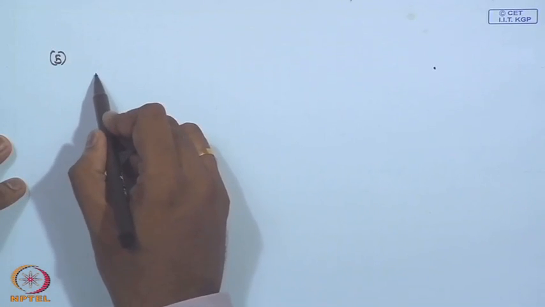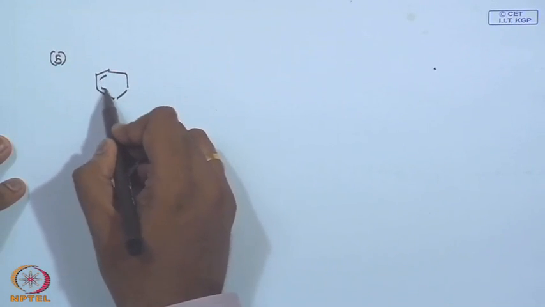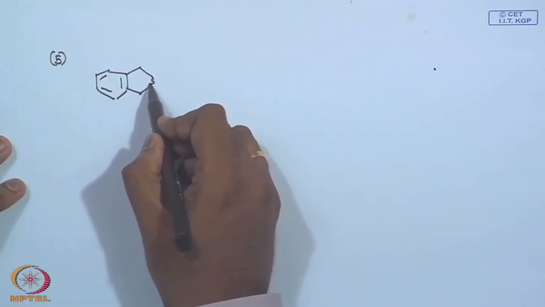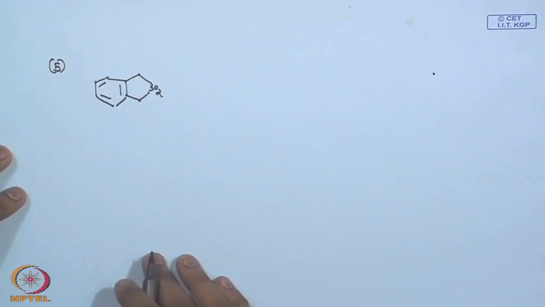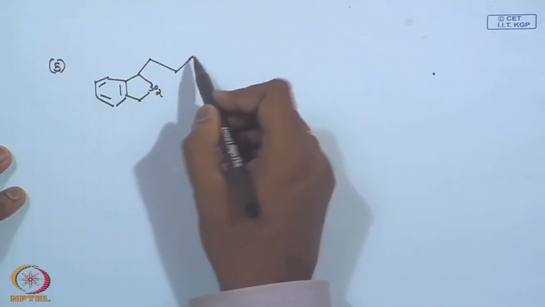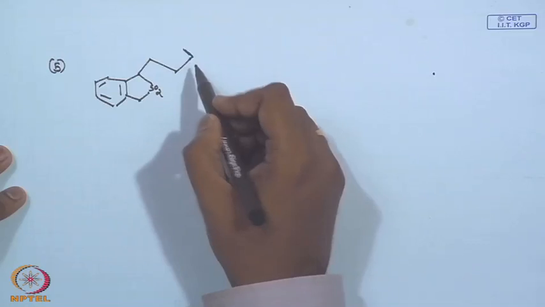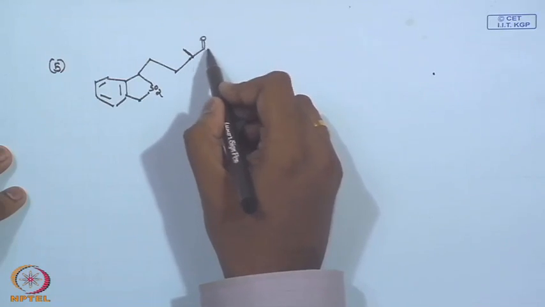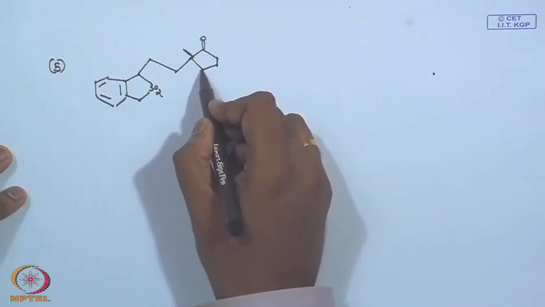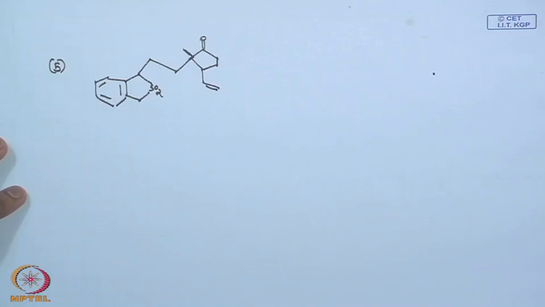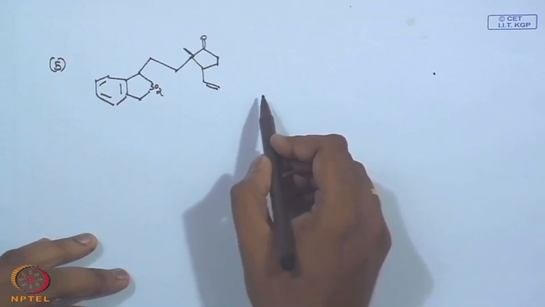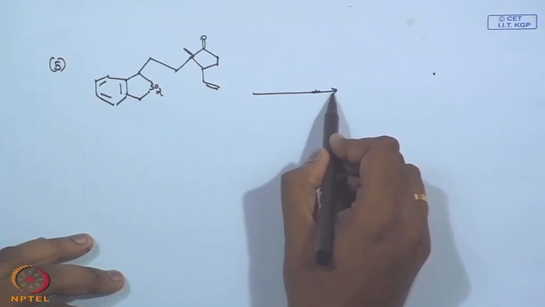So what we will do, we will take a sulfur dioxide. Methyl, think about my cyclopentanone system, my alkene. I am taking this molecule now. Now I say I will heat this.